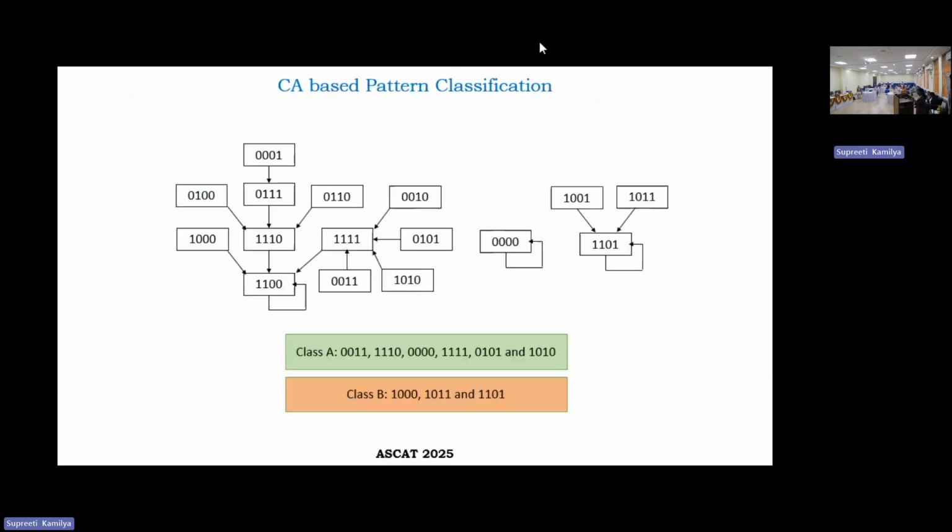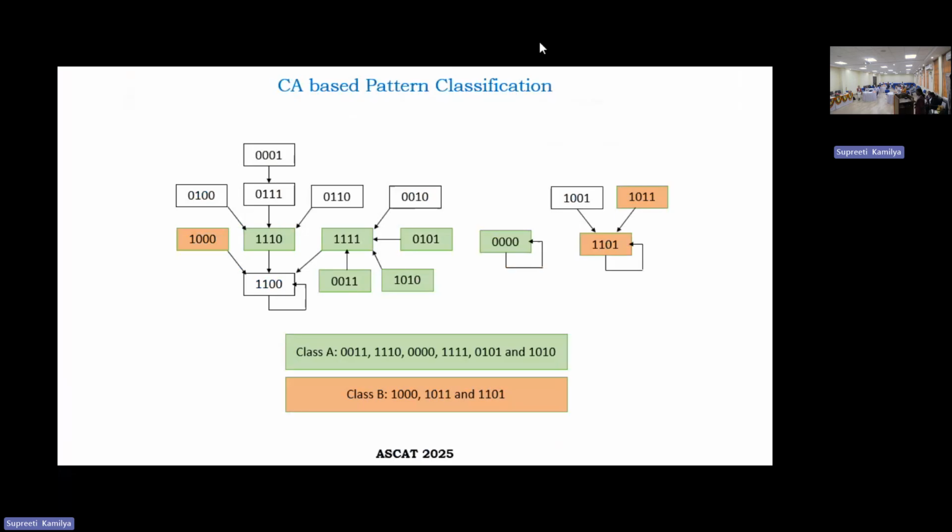Now, what is the role of pattern classification? What is actually the role of CA in pattern classification? It was already discussed in the earlier session, in the first class. So if we consider that we have objects from class A and class B, and if we check here, the first graph is mainly representing more objects from class A, so it is representing class 1, and this is also representing class 1, but this one is representing class 2.